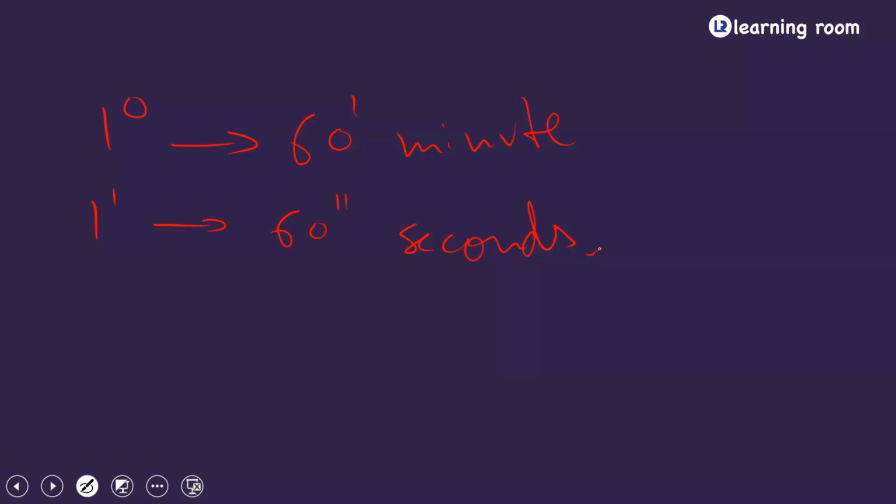So 1 minute is 1/60 of a degree. That's all. Is it clear to you? Ananya, is this clear to you? Yes. It's a very simple concept, right?